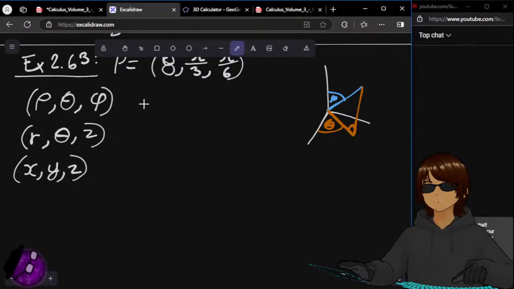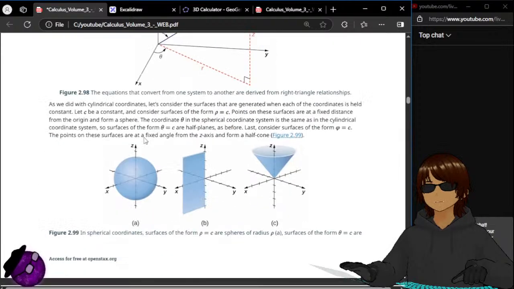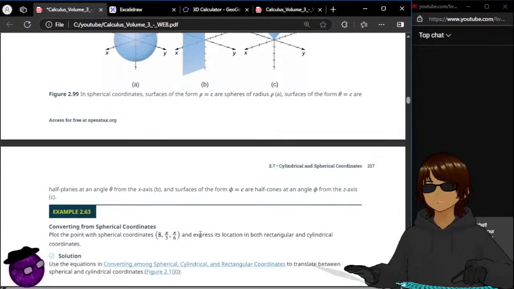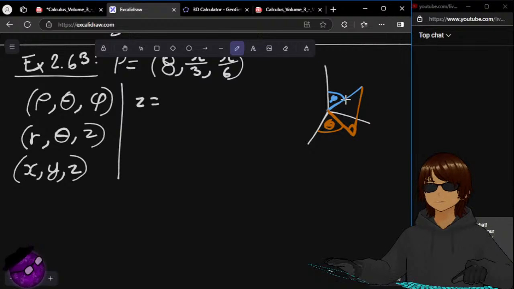So what should we change it into first? Express its location in both rectangular and cylindrical coordinates. So z is equal to rho cos phi.